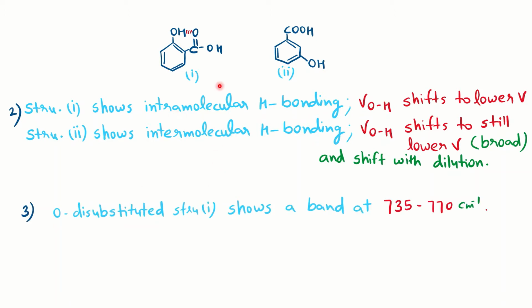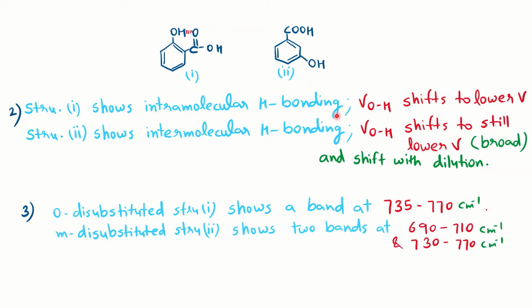And the third differentiation is here. Since it is an ortho disubstituted structure, it will show a very characteristic, very strong peak around 735 to 770 per centimeter for CH bending. While for meta disubstituted, you get two bands. One is in the range of 660 to 710 and the other is 730 to 770, two very sharp peaks for CH bending.